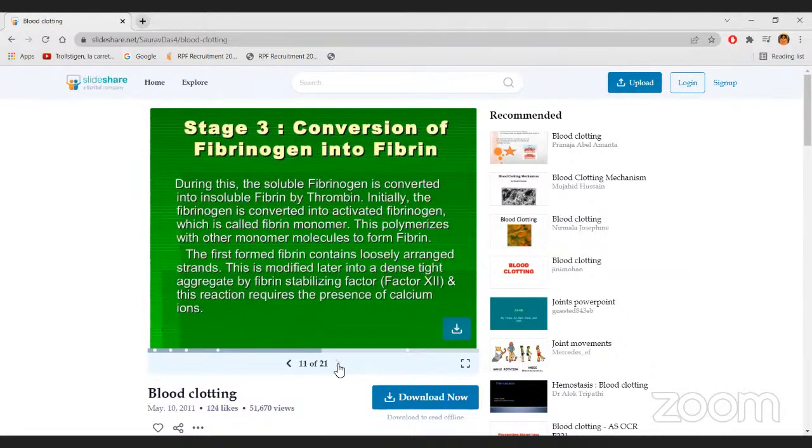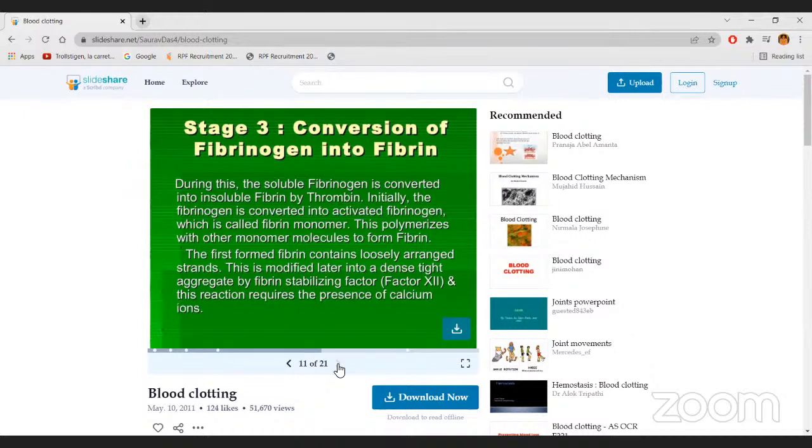During the third stage, the soluble fibrinogen is converted into insoluble fibrin by thrombin. Initially, fibrinogen is converted into the activated fibrinogen, which is called the fibrin monomer. This polymerizes with other monomer molecules to form fibrin.